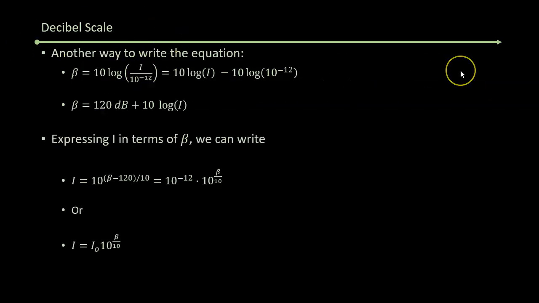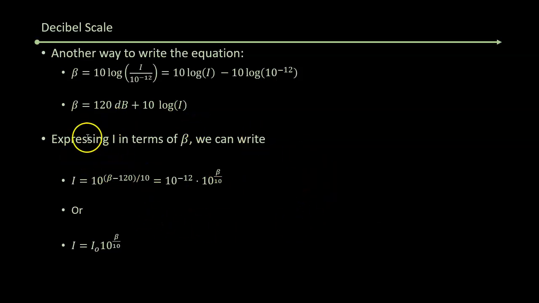Another way to write the equation for decibels ends up being beta is 120 dB plus 10 log of the intensity, right? 120 dB plus 10 log I. Now, intensity is almost always less than 1, which makes this last term negative, and so you're almost always below 120 decibels.